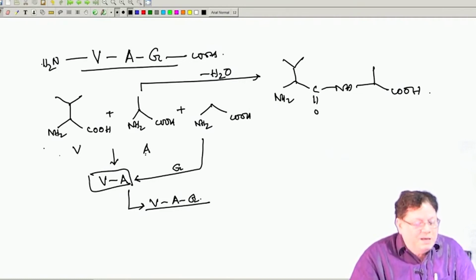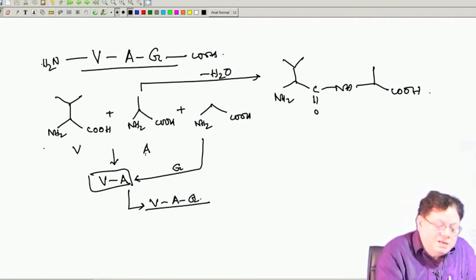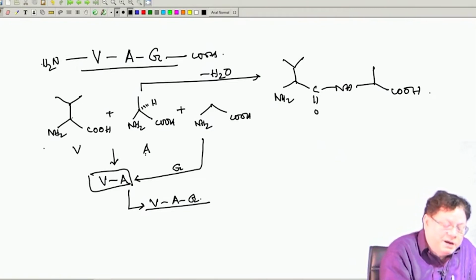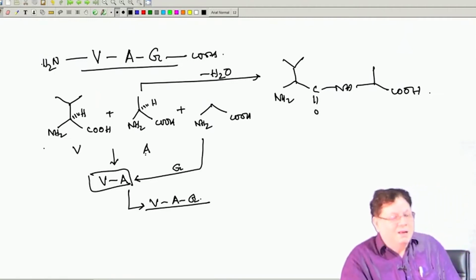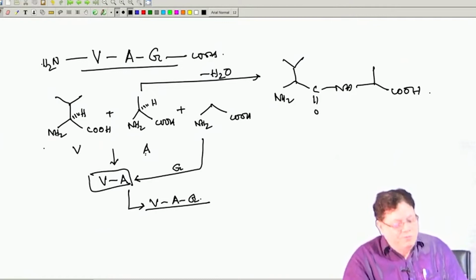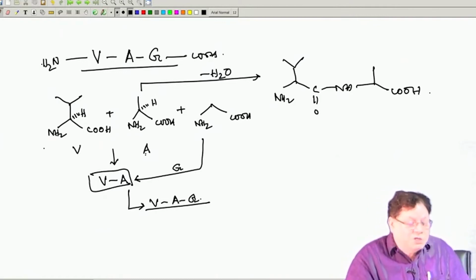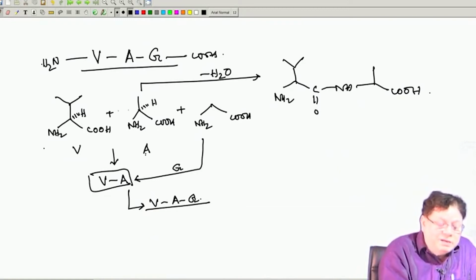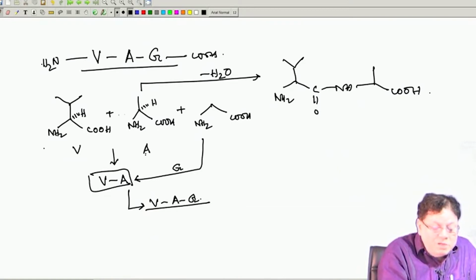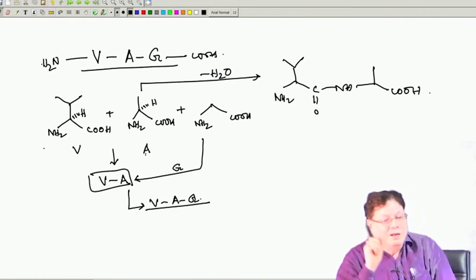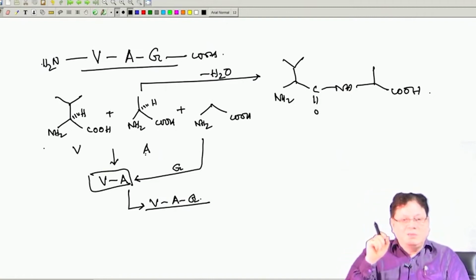The third problem is that these molecules are chiral. When you make a peptide, generally we are making it from L amino acids. If you require D amino acid for some purpose, you can also start with D. But the question is, when you are joining these two, whether your chiral integrity is retained or not.